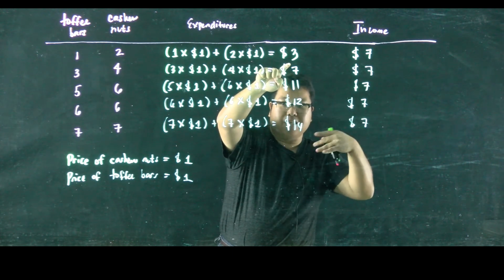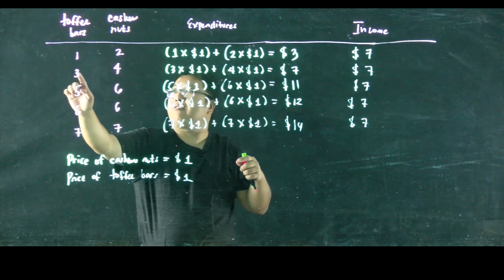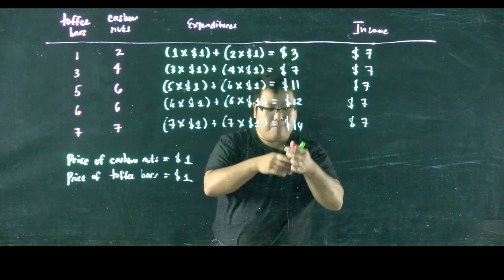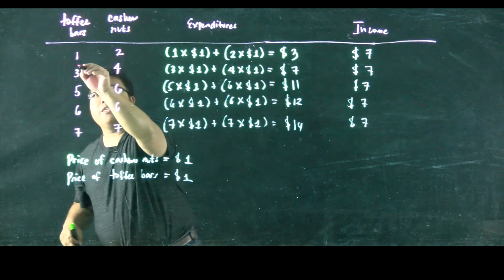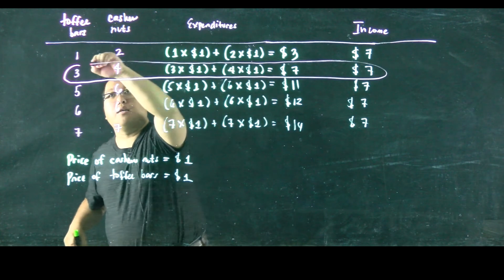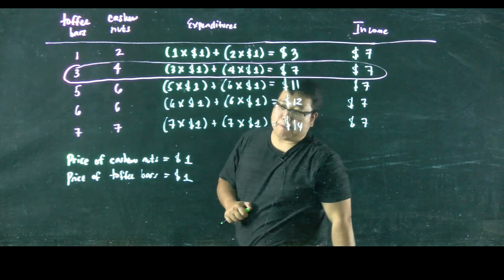So our consumer can still improve by purchasing more. So what we're left with is 3 toffee bars and 4 cashew nuts. It turns out that it's equal to our income. So our conclusion is this. This combination right here is the one that maximizes our consumer's satisfaction subject to the budget constraint.